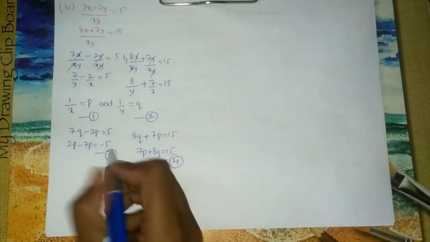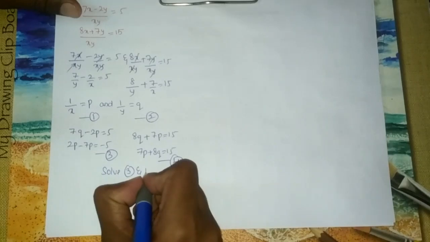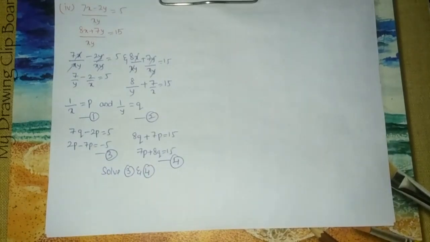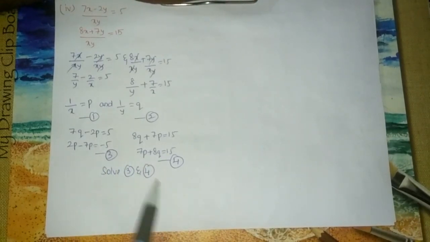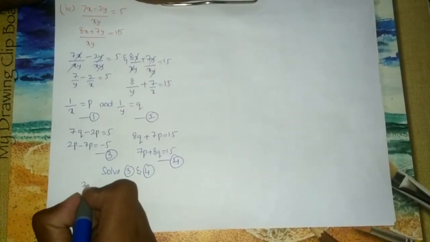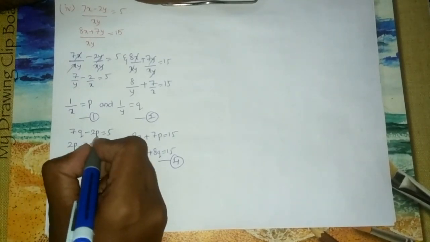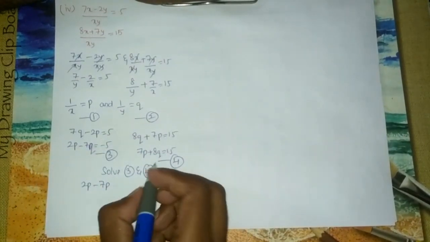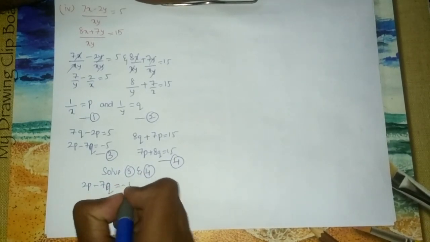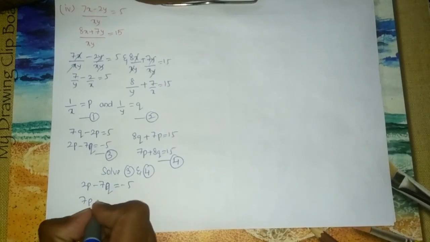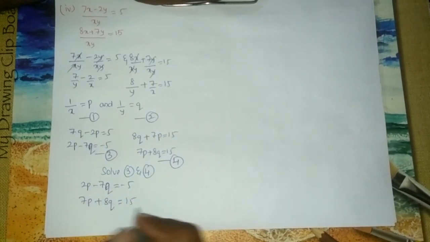Now solve equations 3 and 4 by any one of the methods. You have substitution method, elimination method and cross multiplication method. I will use the elimination method. Let me write down 2p minus 7q equals minus 5, and 7p plus 8q equals 15.